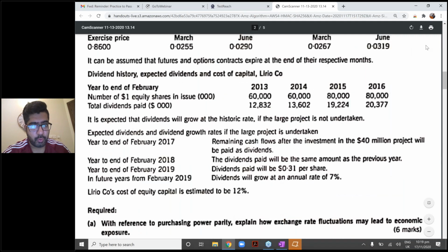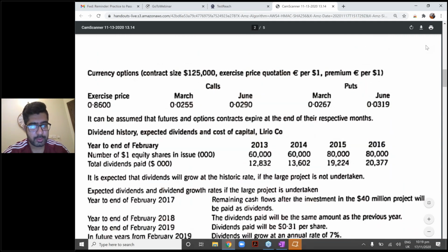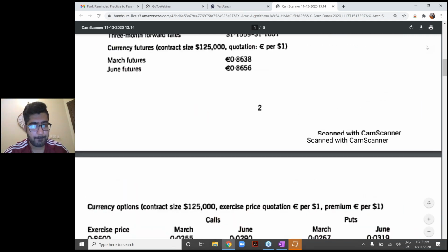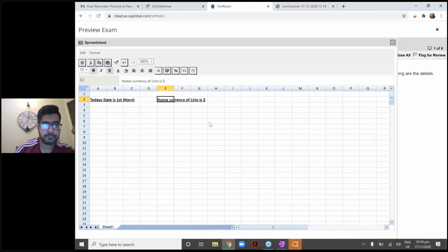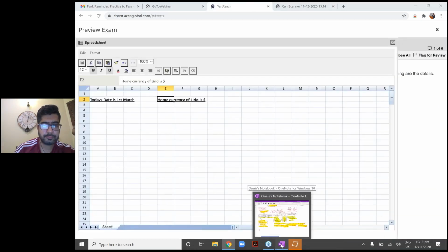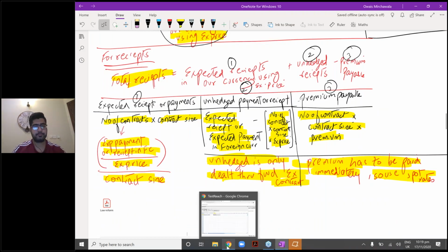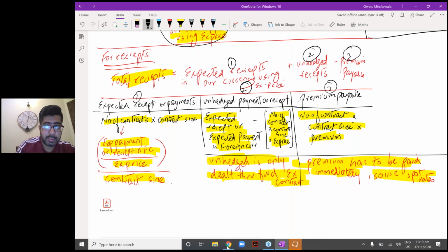Now I want you all to understand this one thing, then we will move towards the solution. Understand this point carefully.